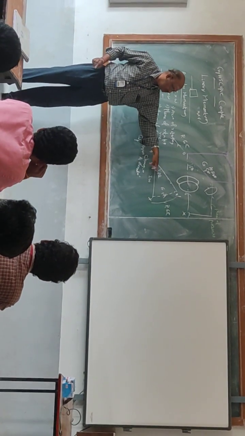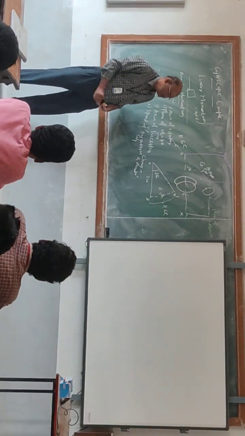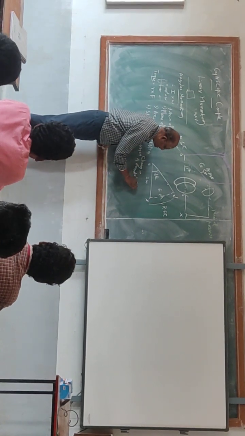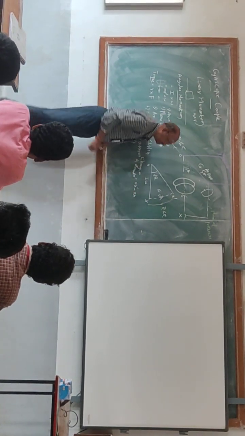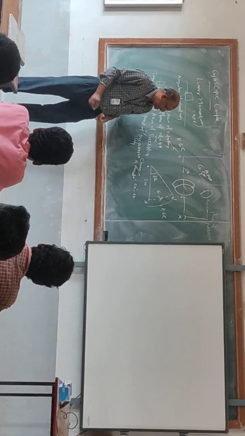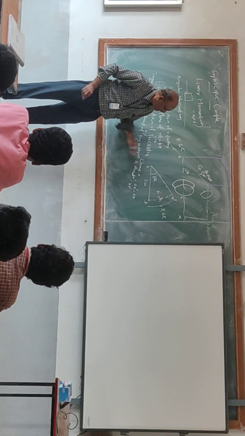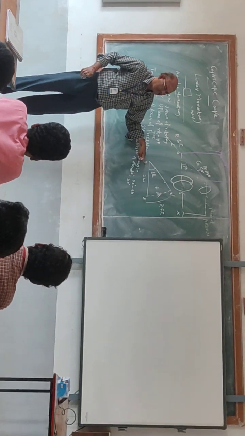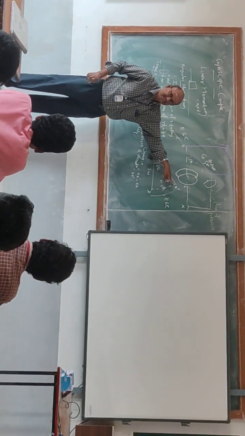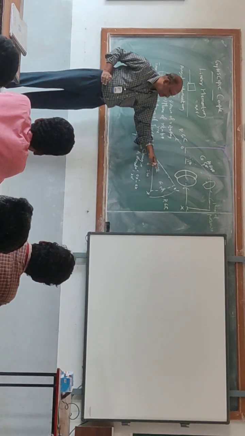What is the change in angular momentum by the vector diagram? It is OX dash minus OX, that is XX dash. Here OXX dash is a sector, a portion of a circle.